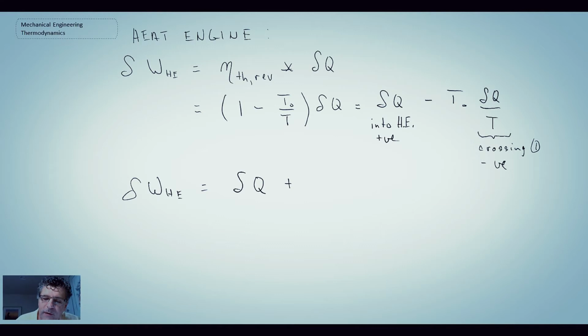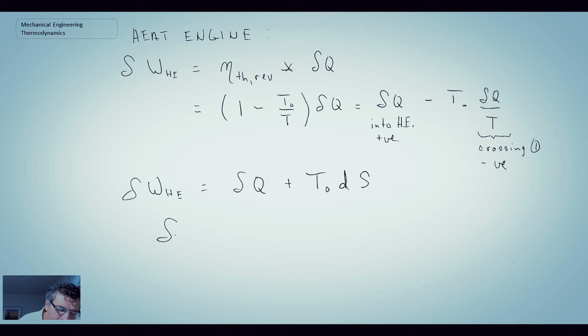So with that, I will introduce the definition of entropy for the delta Q over T, which we saw earlier in the course. And we obtain that expression. So the trick with that one is the fact that the heat transfer across 1 is negative, and consequently this term becomes positive.